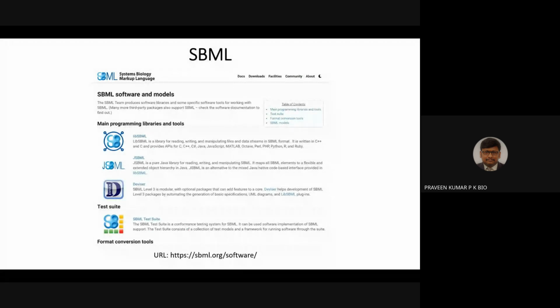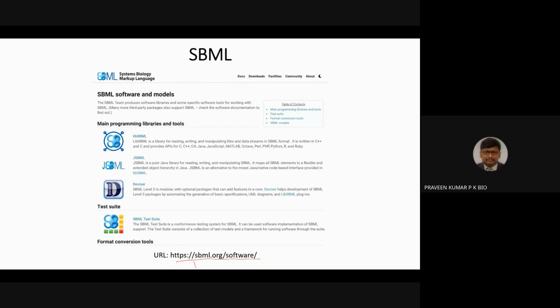For this, one can go to this URL, sbml.org/software. Here you find plenty of tools like libSBML, JSBML, etc. These are some of the programming libraries. We also have format conversion tools, and majorly at this URL you can find tools and programs.